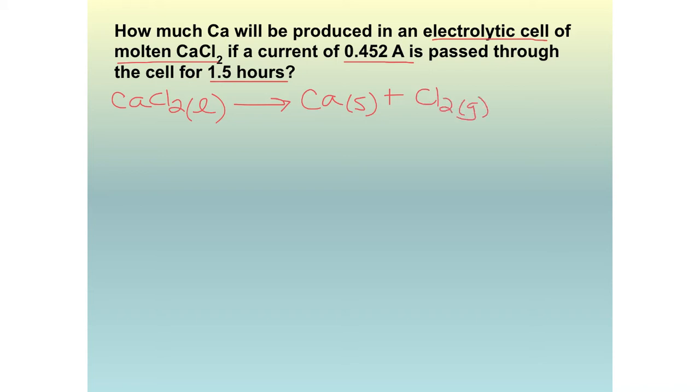So this is not something you would want to stand around and watch happen because chlorine gas is toxic. All right, that's already balanced, so we don't have to worry about balancing that.